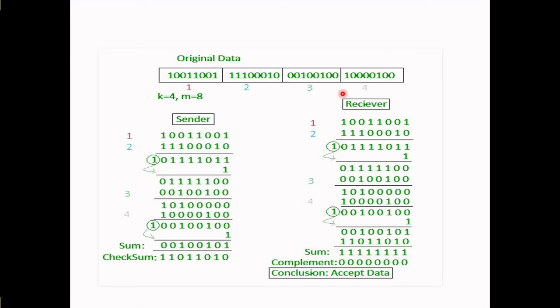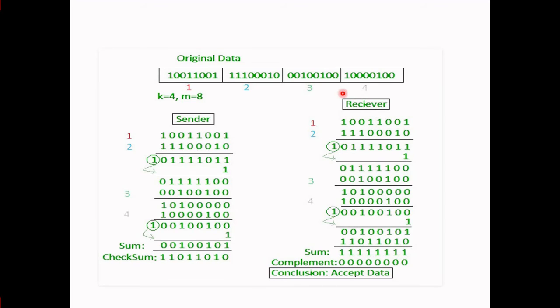Now this is our data. So these are the four parts. So at the sender side, first take 2 parts, this 1 and this 2. So 1 0 0 1 1 0 0 1, and second is 1 1 1 0 0 0 1 0. Now add it.